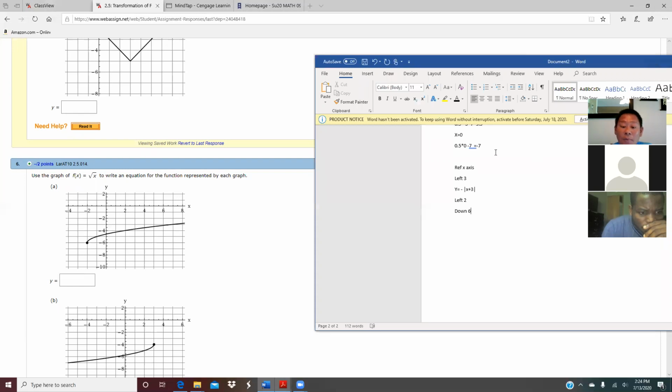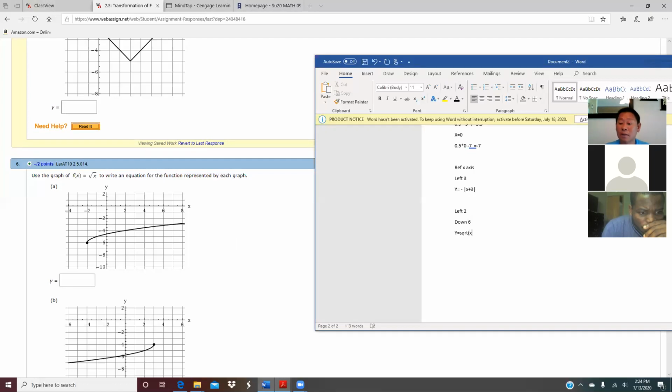Okay. So -2 means you move left 2 and down 6. So how do you write this function? When you move left 2, y equals the square root of, like, left 2, left 3. So you have to add, right? So what do you add here?